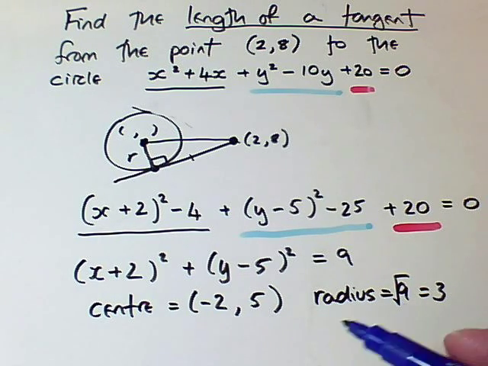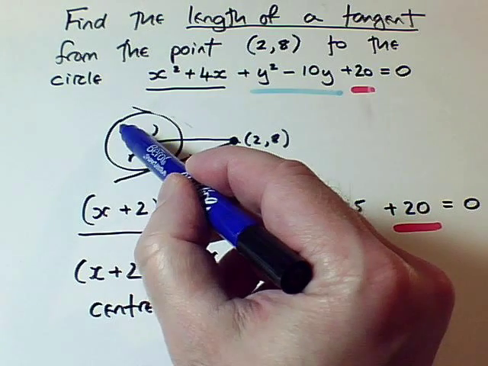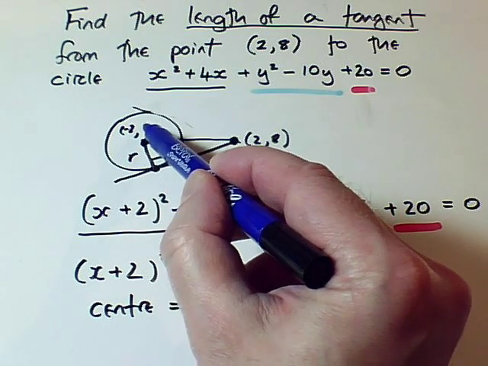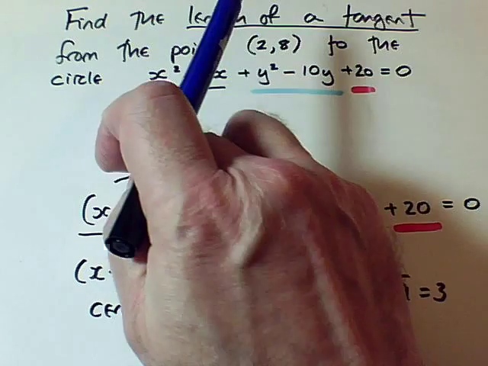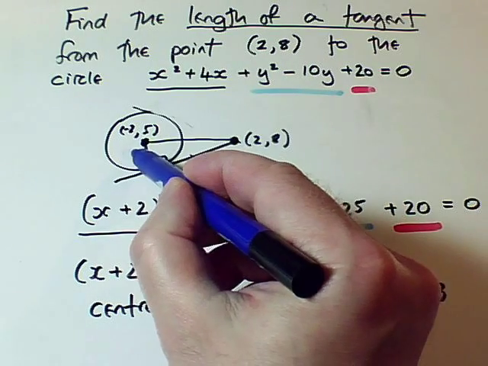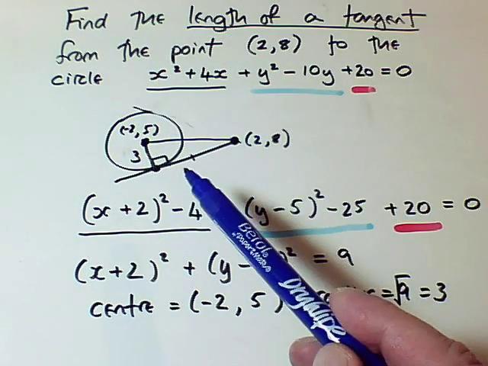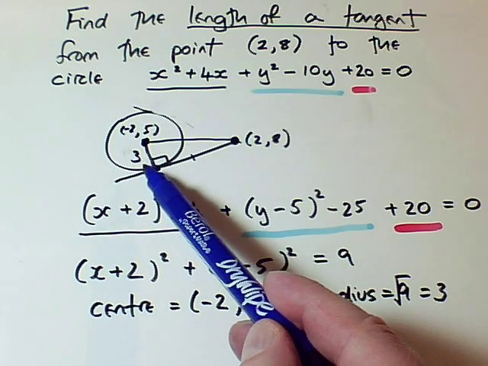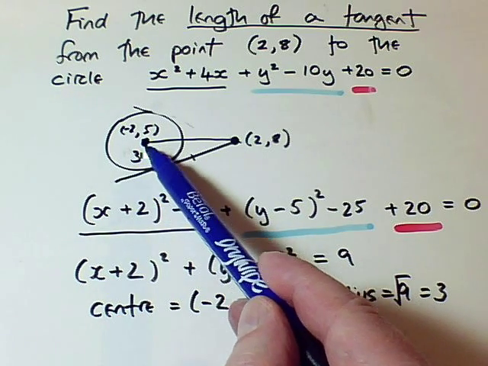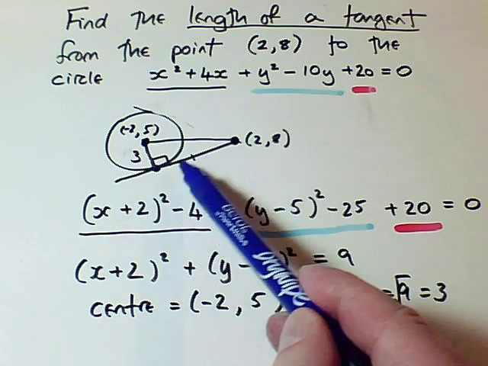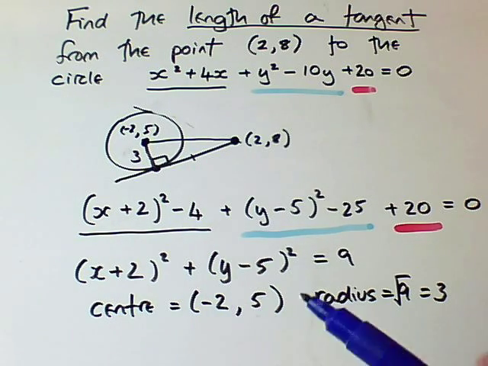Okay, so in my diagram I now know this is the point minus 2, 5, and the radius here is 3. And so in the diagram I know this distance here. I want to know this one here, so I've got to work out the length of the hypotenuse.